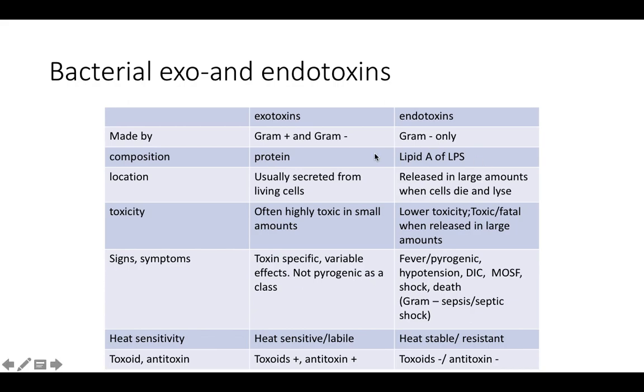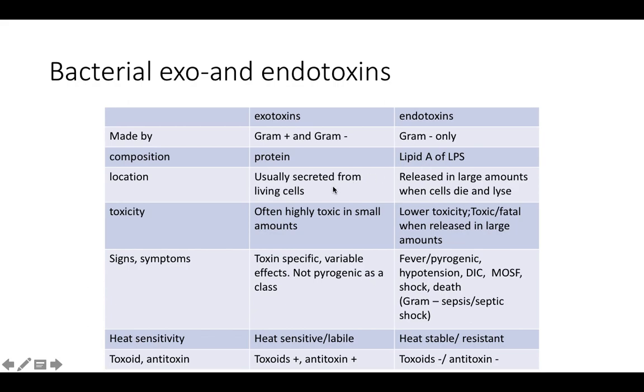So this table, you guys, we made kind of a big deal about it, comparing exotoxins to endotoxins. Exotoxins are proteins, so a bacterium simply has to have the gene for the protein exotoxin, so gram-positives and gram-negatives can make it. Since endotoxins are the lipid A of lipopolysaccharide, we know only gram-negative bacteria can make them.